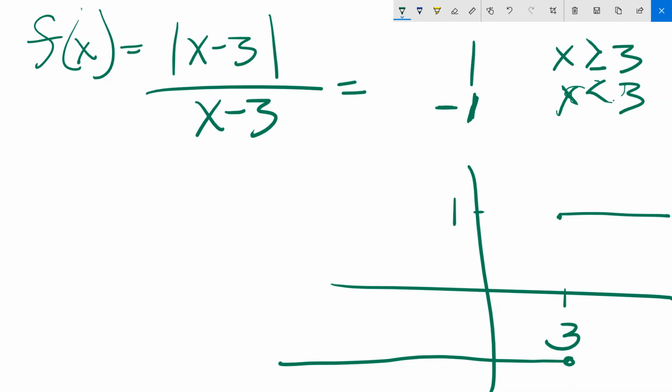Now, again, this is not a standard transformation problem. You kind of have to notice that the graph is a piecewise graph, as it's always going to be whenever we have a transformation. If we were dealing with just the parent function of y equals absolute value of x, we could apply the 6 different transformations to it.